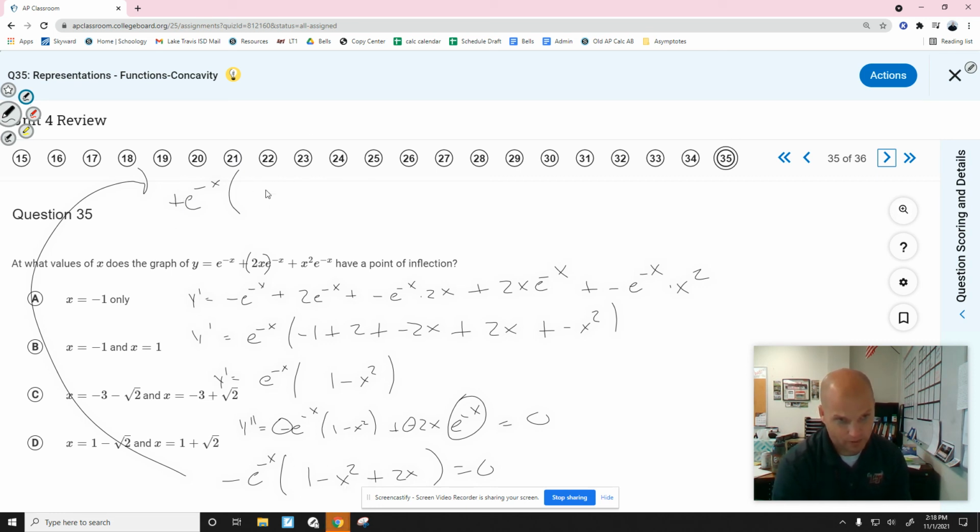Making this x squared positive, this 2x negative, this 1 negative. I can't factor this.